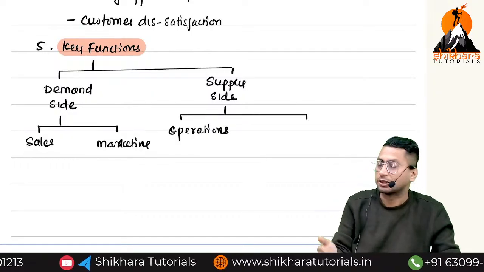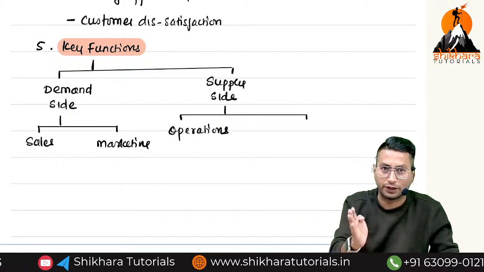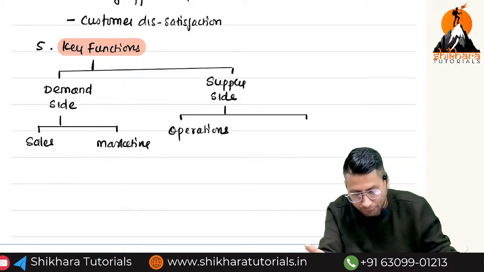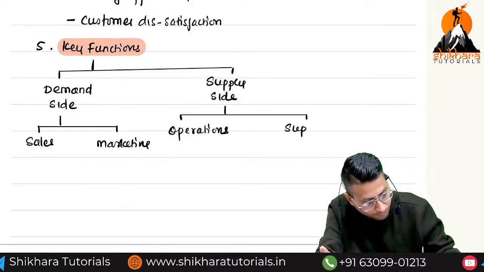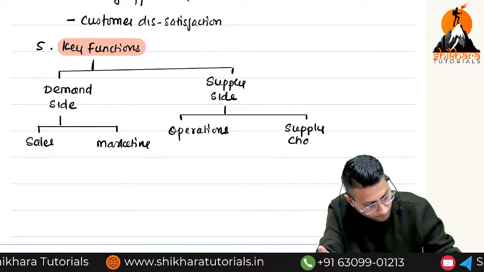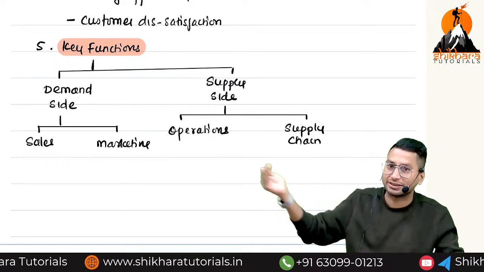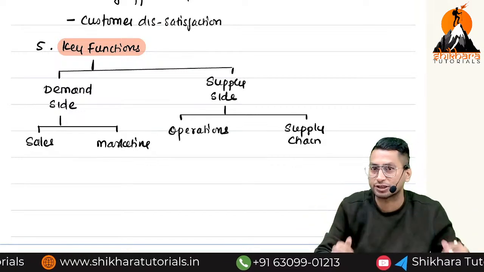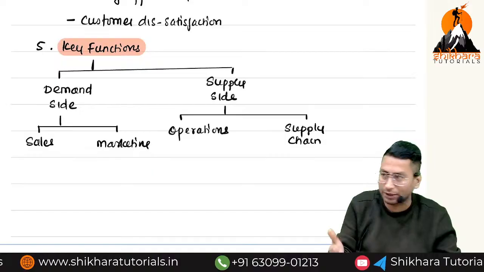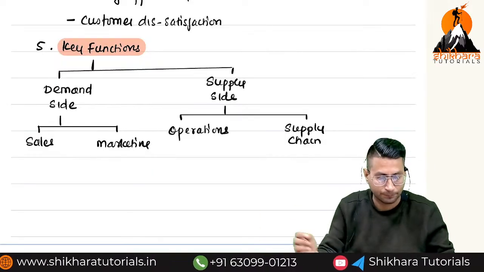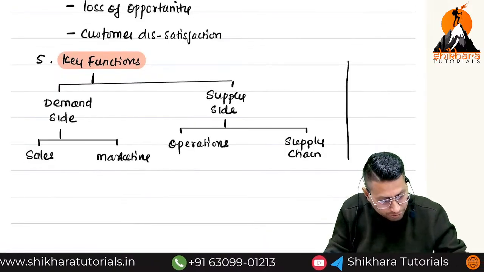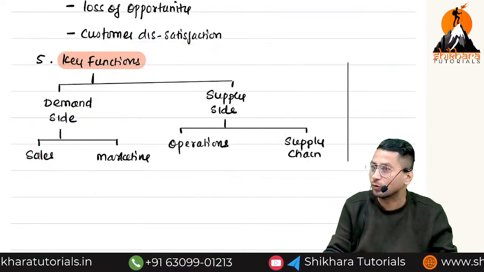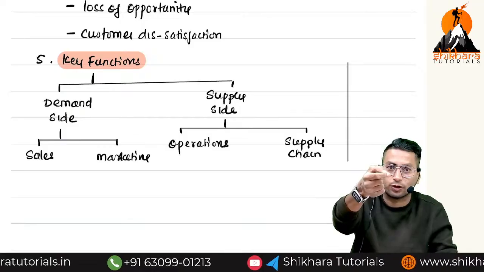Operations means conversion of raw material into work in progress, and then work in progress into finished goods. And then we also have supply chain, making sure that I receive the raw materials fast and supply the finished goods to my retailers fast. Then only will I be able to meet the demand. And all these functions are possible only because I have what?